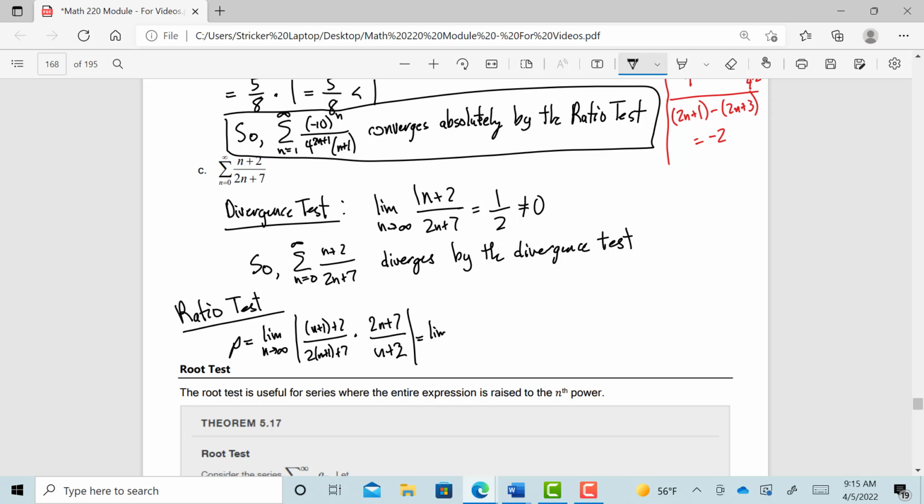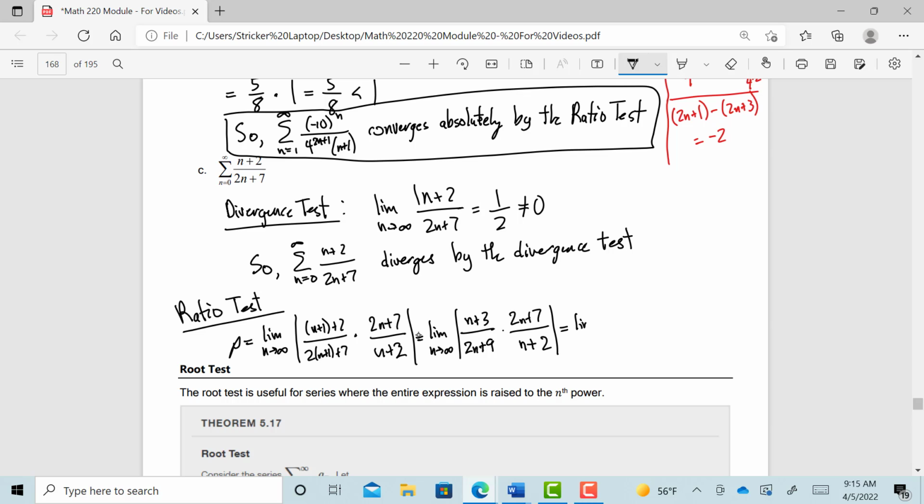And this can be simplified. So n plus 1 plus 2 is going to be n plus 3 over, and on the bottom we have 2n plus 2 plus 7, so that's 2n plus 9, times 2n plus 7 over n plus 2.